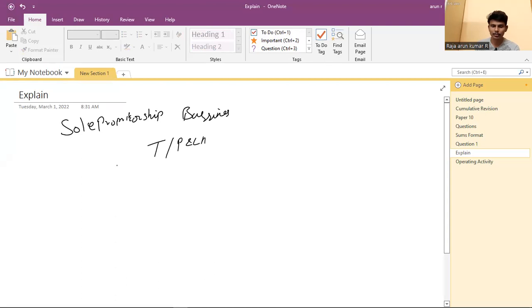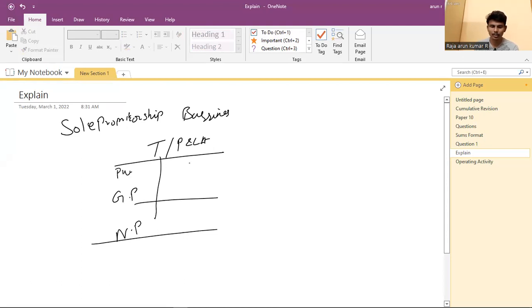We find the GP, and from the GP we find out the NP. In the GP we find the purchases and sales, direct expenses, and in the NP, indirect expenses and indirect income. The difference is NP.